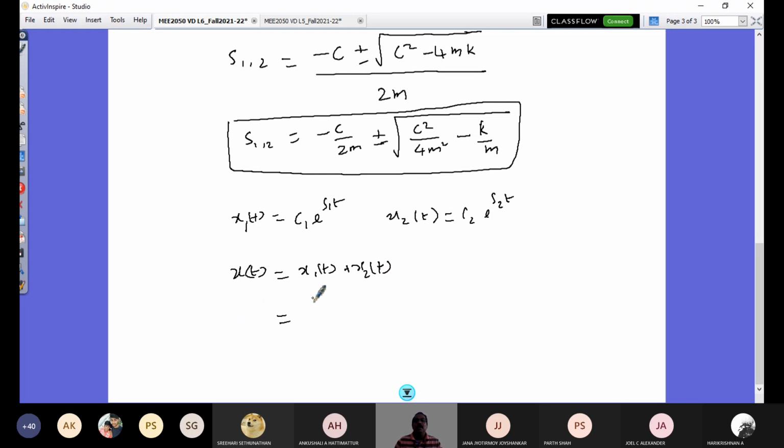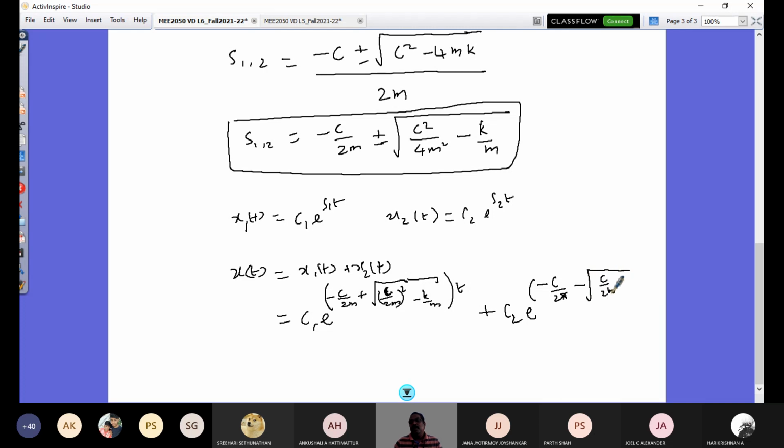Substituting for these, it's going to be c1 e raised to, in place of s1, minus c by 2m plus the root of c by 2m whole squared minus k by m, all into t, plus c2 e raised to minus c by 2m minus the root of c by 2m whole squared minus k by m, all into t.